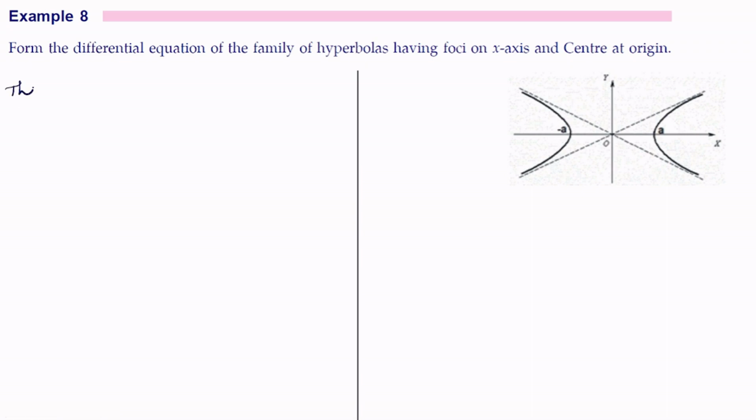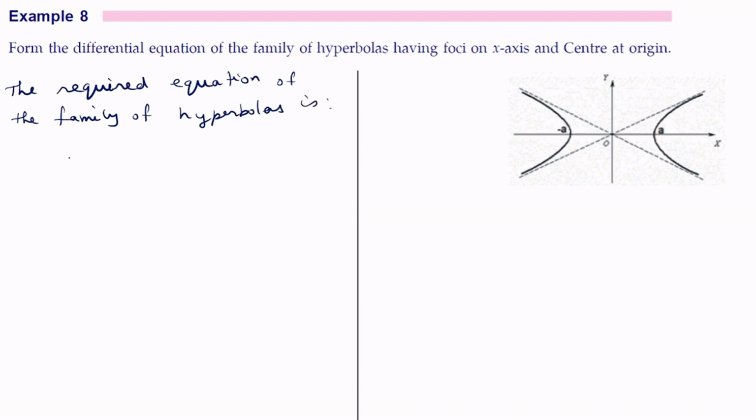The required equation of such a family of hyperbolas is x square by a square plus y square by b square equal to 1.